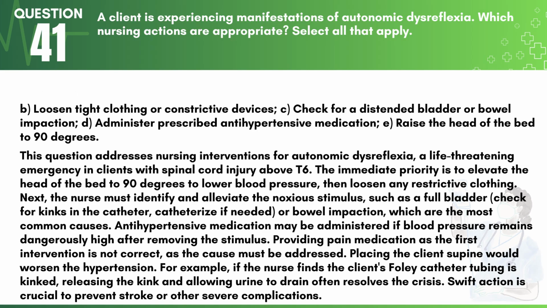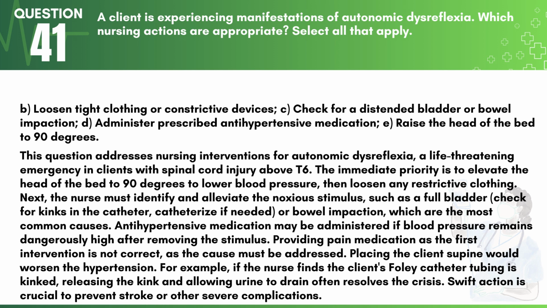Answer. Loosen tight clothing or constrictive devices, check for a distended bladder or bowel impaction, administer prescribed antihypertensive medication, raise the head of the bed to 90 degrees. This question addresses nursing interventions for autonomic dysreflexia, a life-threatening emergency in clients with spinal cord injury above T6.